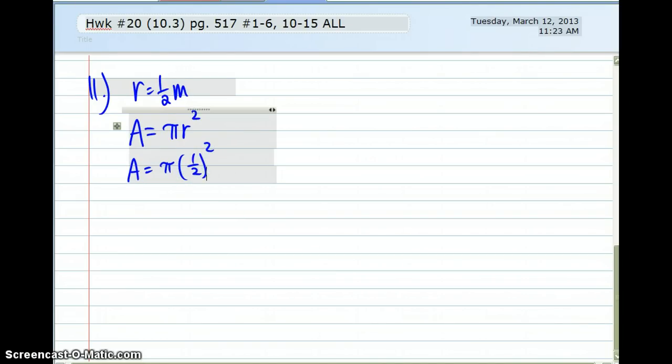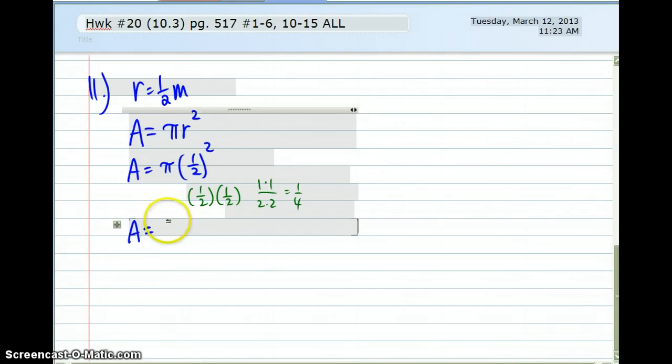And how do I square 1/2? I would do 1/2 times 1/2, which is the same as multiplying 1 times 1 and 2 times 2, which gives me 1/4. So my area as a fraction would be 1/4 pi with meters squared.